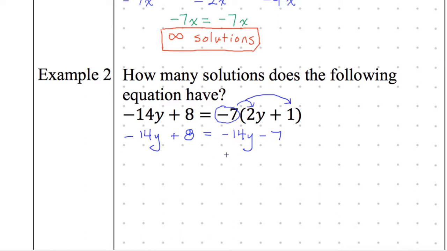Two people know. Three people know. What should we do to both sides? I'm assuming if you have your hand down that you're not quite sure or maybe shy about sharing. Andres? I could add 14y on both sides.